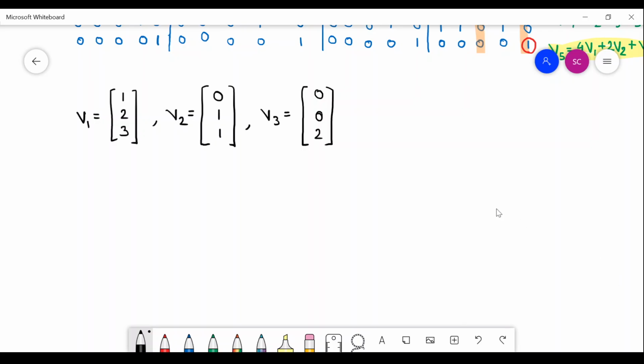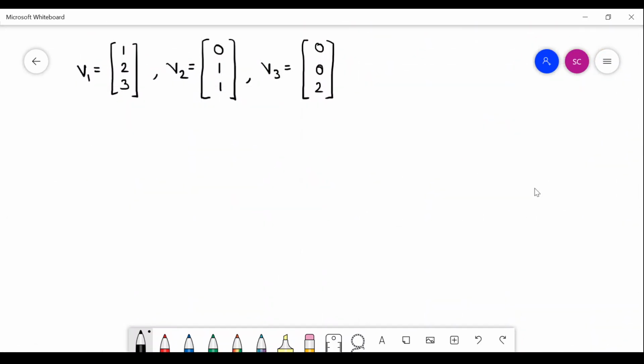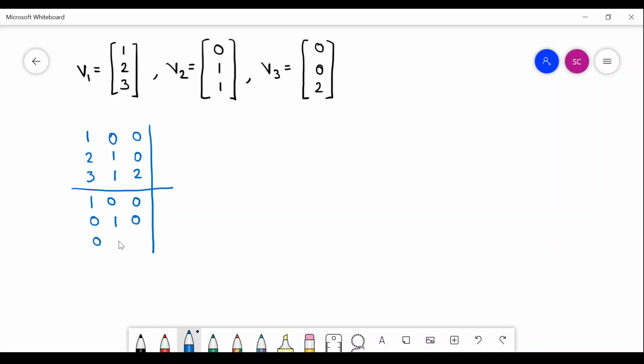Let us check while doing the column operation. So we first place the vectors side by side. Also we place an identity matrix of the same order as the number of vectors we have with us, and then we continue this operation of choosing a pivot element and trying to make the others 0.